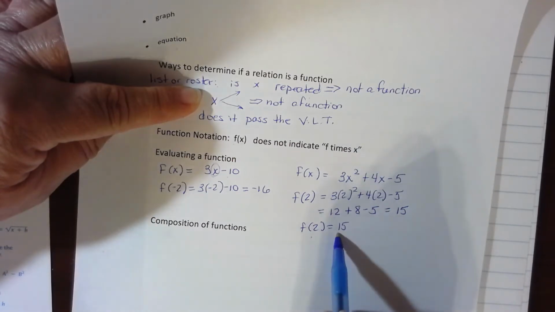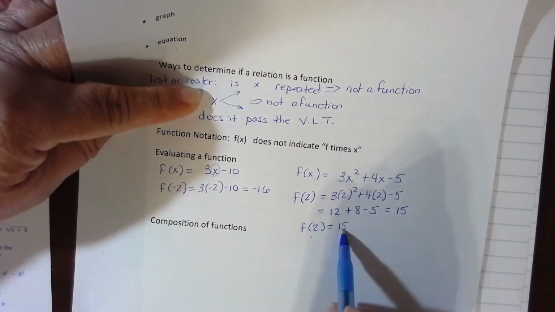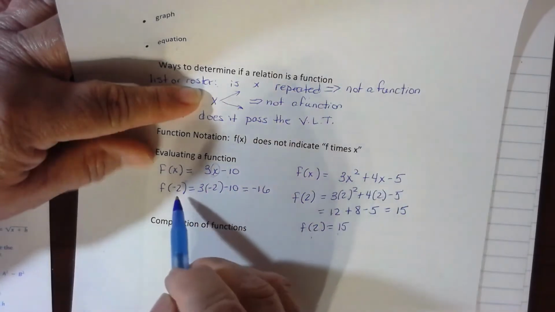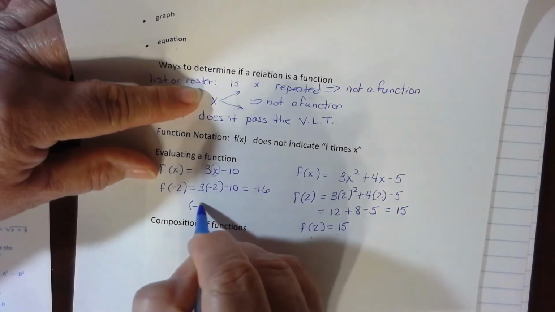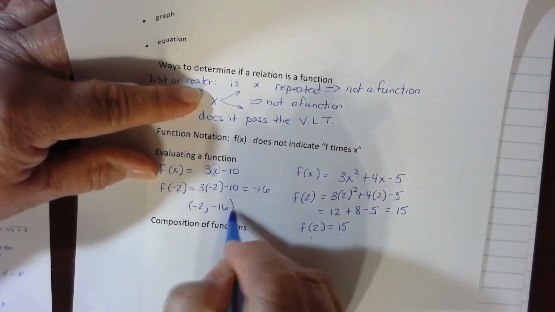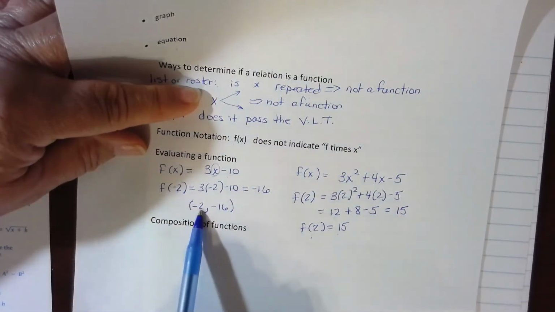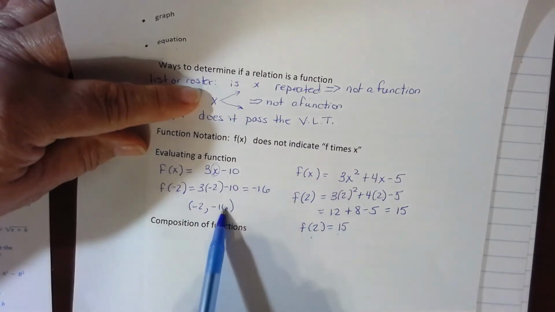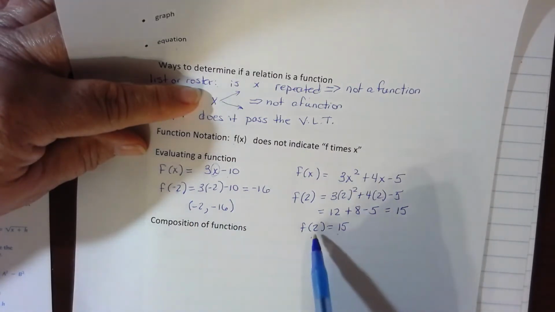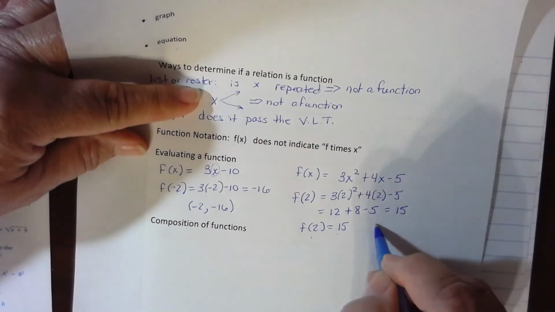And when you evaluate a function, it does generate ordered pairs if that's the desire that you have. So this one would be -2, -16. It means when x is -2, y is -16. This one would be 2, 15.